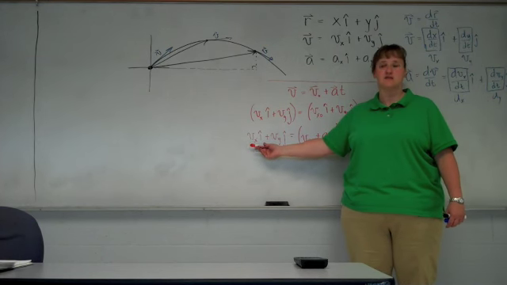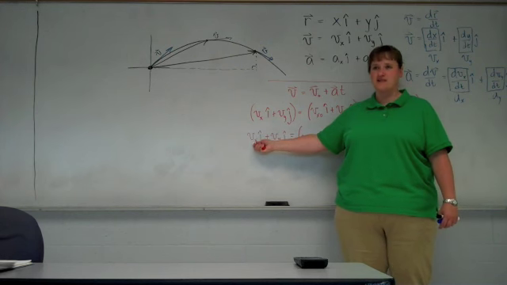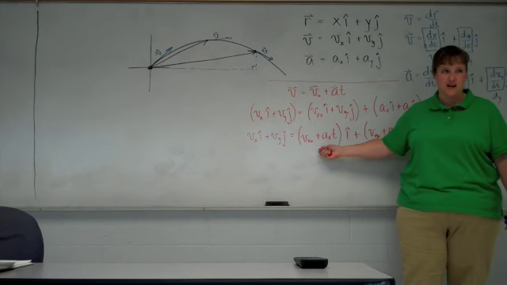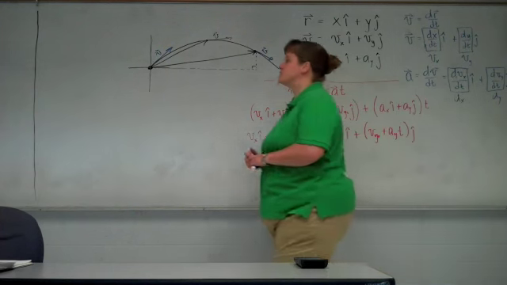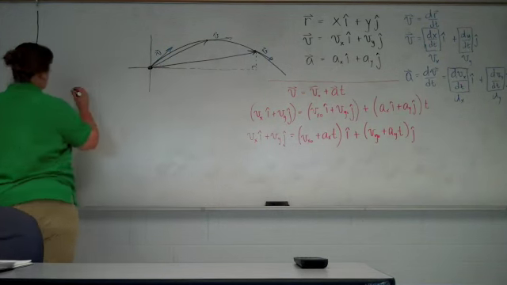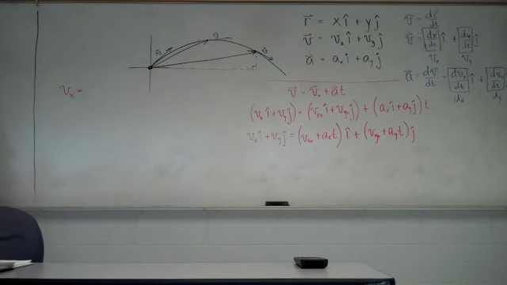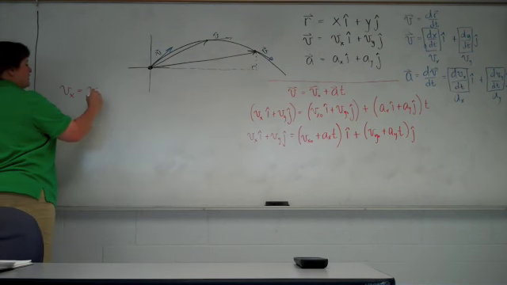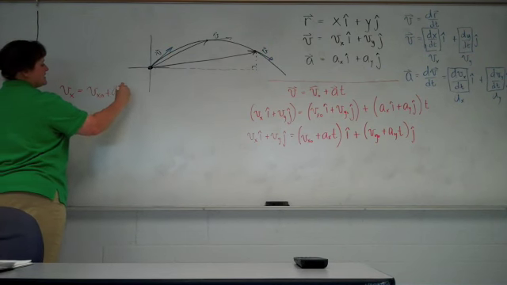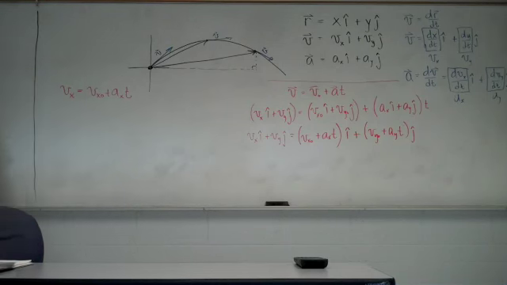X components. The x component on the left side of the equation has to equal the x component on the right side of the equation. What that means, vx is the x component on the left side of the equation. vx naught plus ax t is the x component on the right side of the equation.